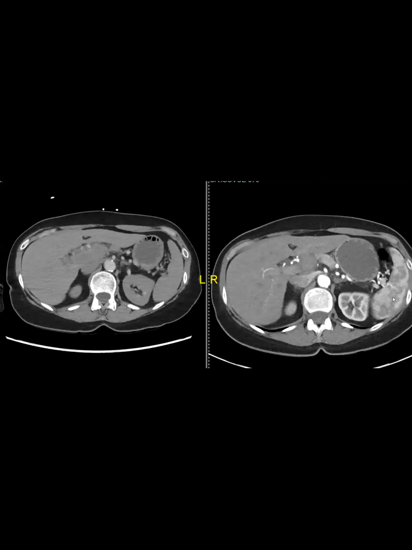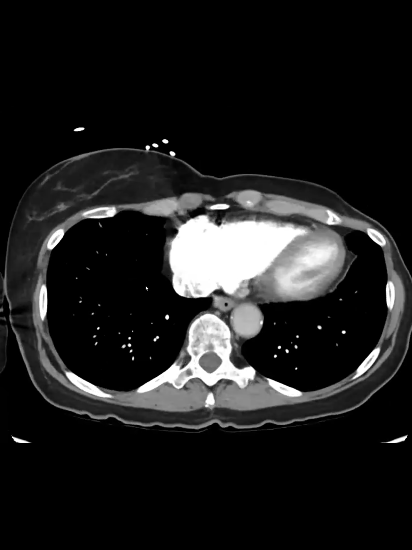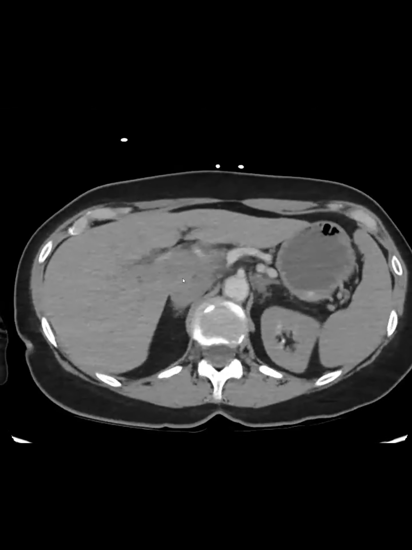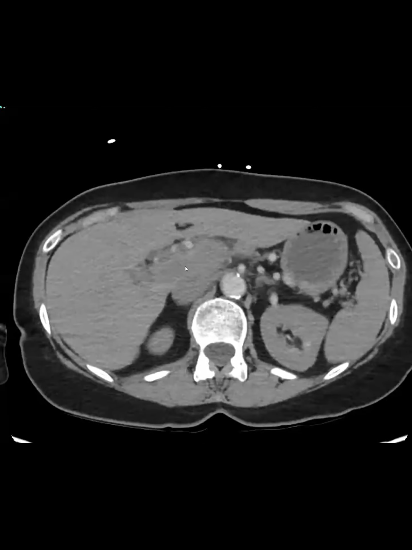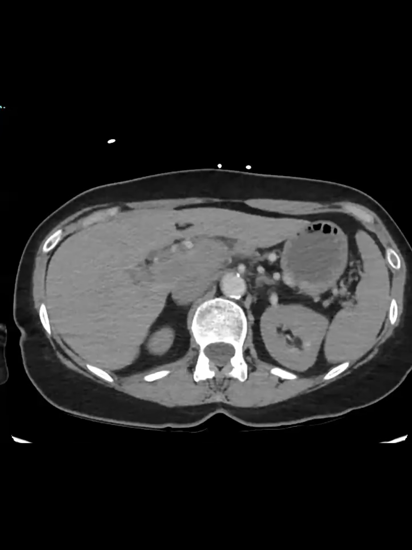And then let me get the other one. Hold on. So this was a study performed at an outside institution. The patient was an ED case, and they appropriately picked up this fullness right here. The patient was referred to abdominal MRI for workup.